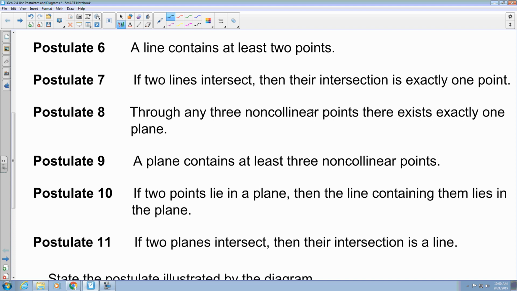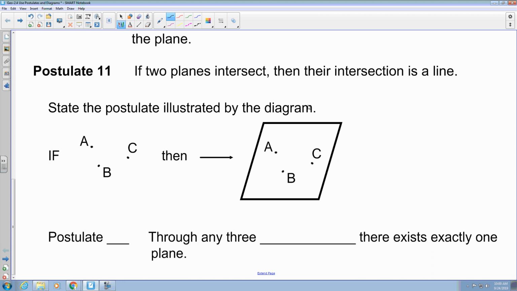With these postulates and the diagrams, we have to be able to interpret which postulate the diagram is trying to illustrate.